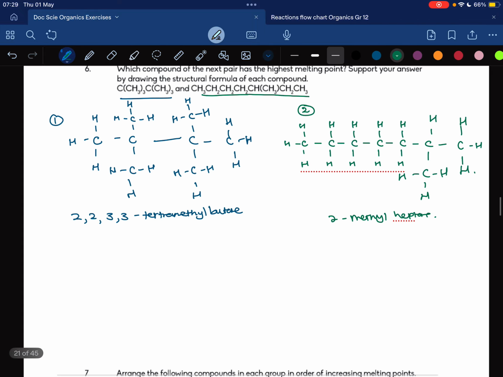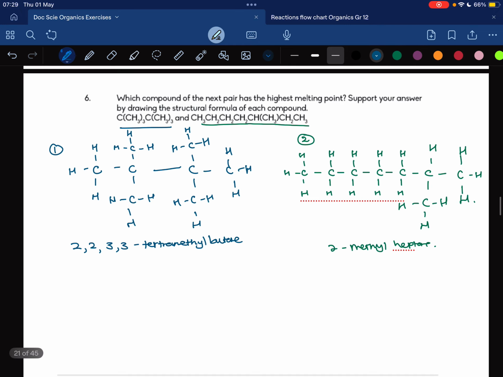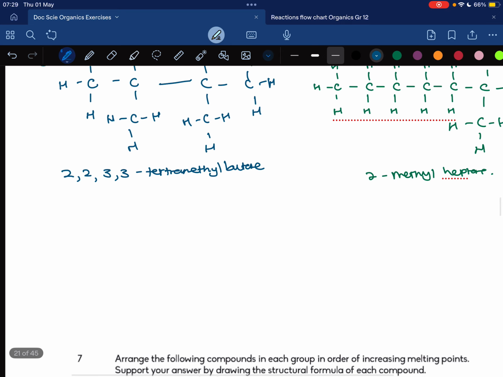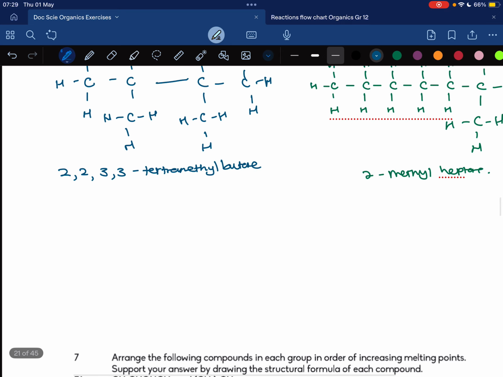Okay, so when I compare now these molecules to see which one has the highest melting point, I first notice that they are both alkanes and have the same molecular mass.